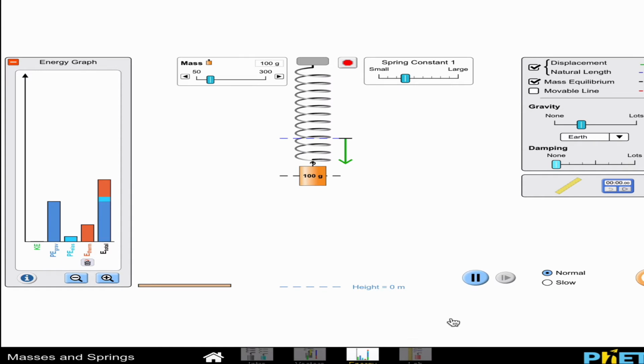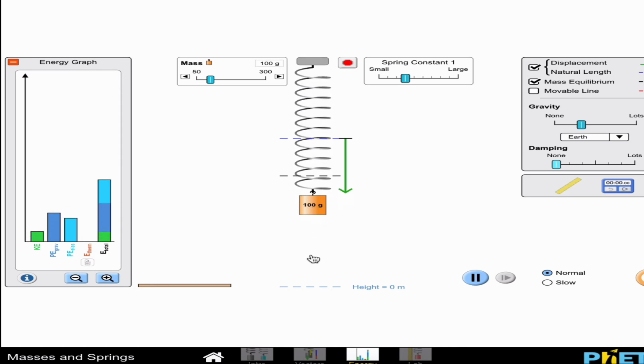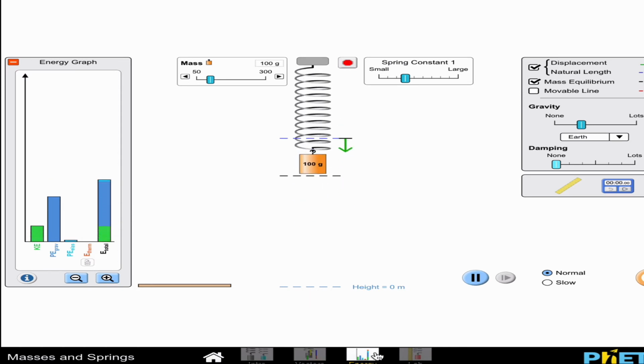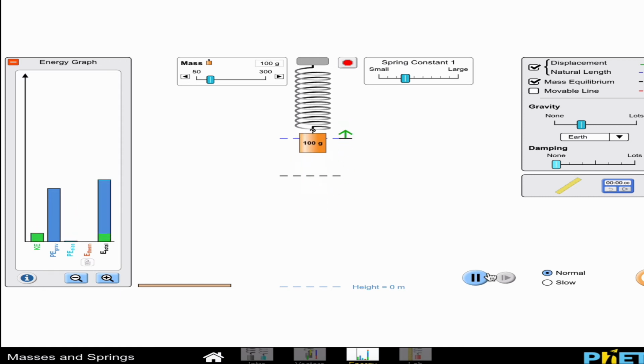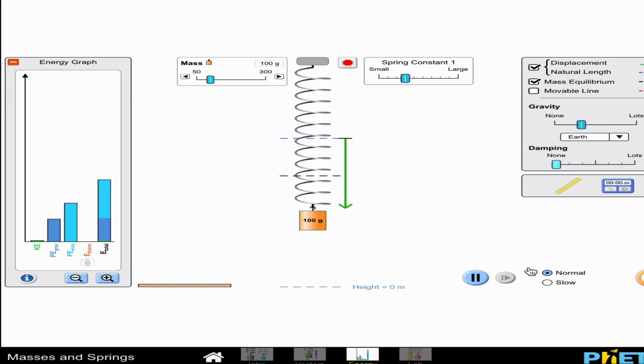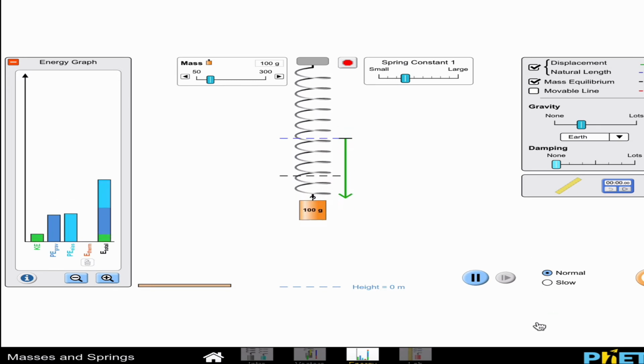So if we don't do any work on this system, meaning if we don't transfer any energy to it, it will stay in equilibrium. But if we displace it by some amount, for example, by pulling this mass down and then letting it do its thing, bouncing up and down, the energy is being transferred to different forms of energy as it bounces up and down.